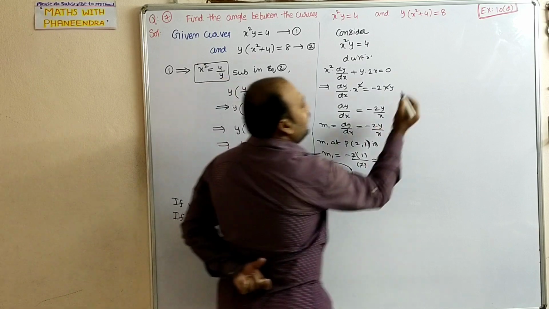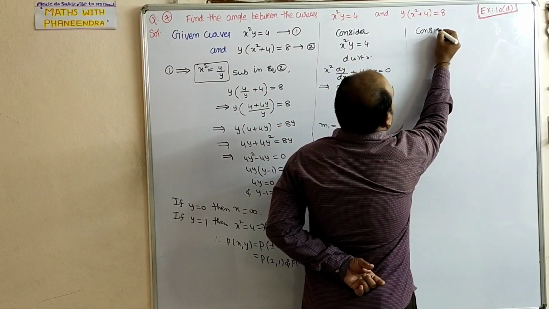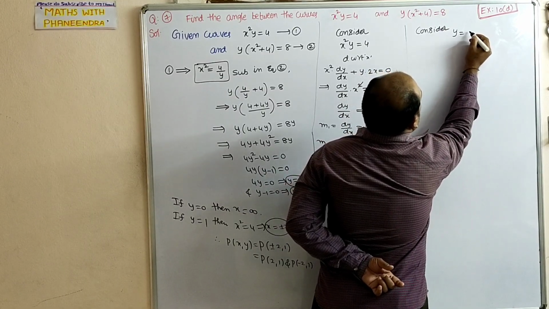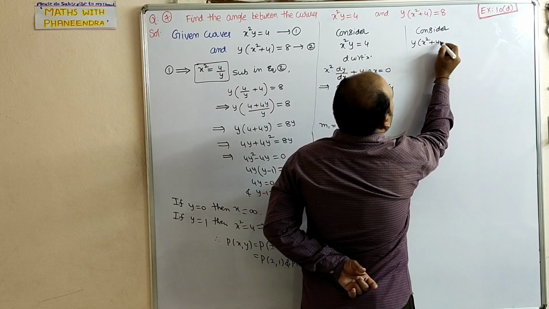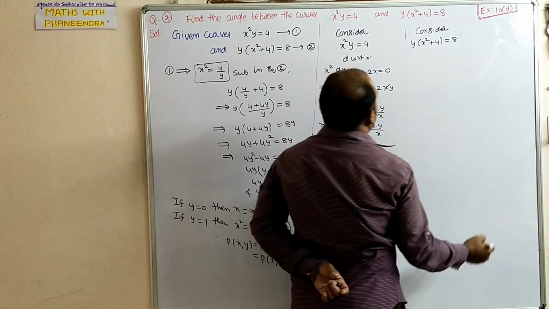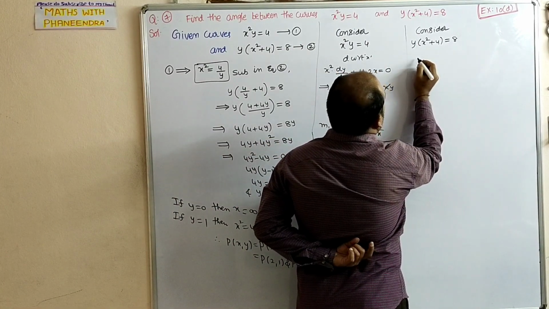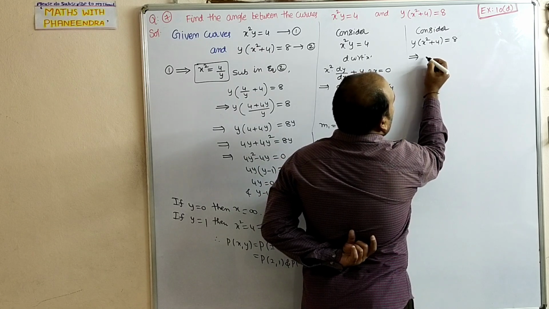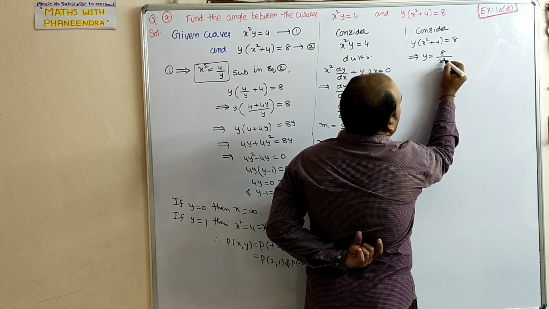Next, consider the second curve. Consider y into x square plus 4 is equal to 8. So y is equal to 8 by x square plus 4.